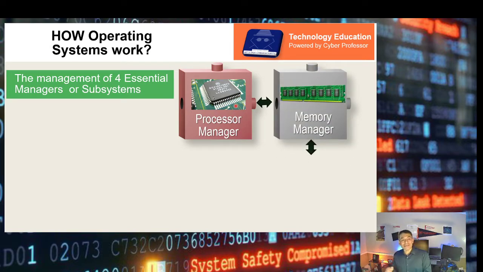Now, the next major essential manager or subsystem in an operating system is the memory manager. The memory manager is a subcomponent of the operating system that allows the operating system to manage the resources that are available as far as memory within the system. So as you know, your computer may have either 4, 8, 12 or 16 gigabytes of memory, for example, RAM in your hardware.